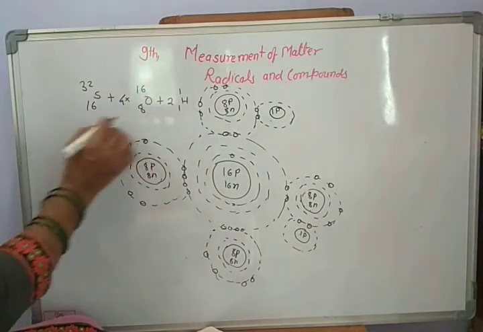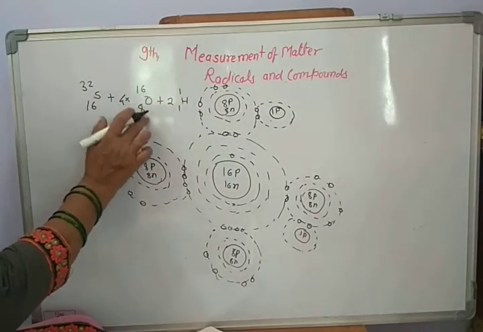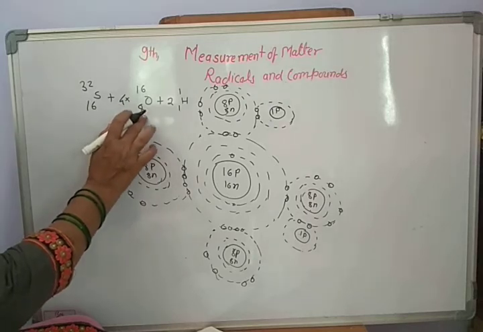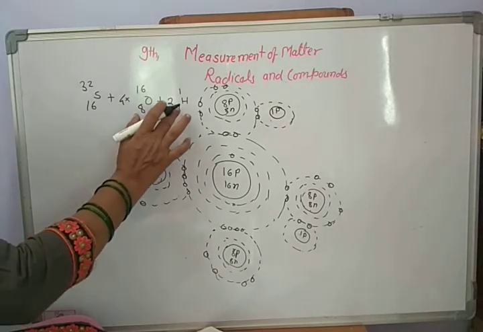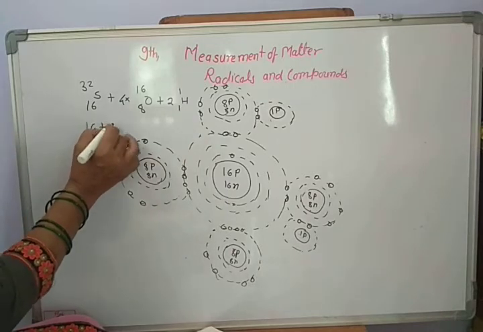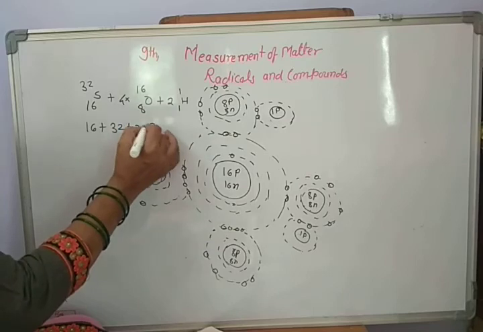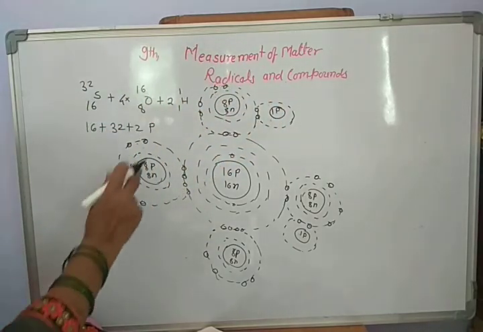So you can calculate the number of protons. 16 plus 8 4s are 32. That gives 48 plus 2 1s are 2. There are total 16 plus 32 plus 2 protons, and electrons also you can measure.